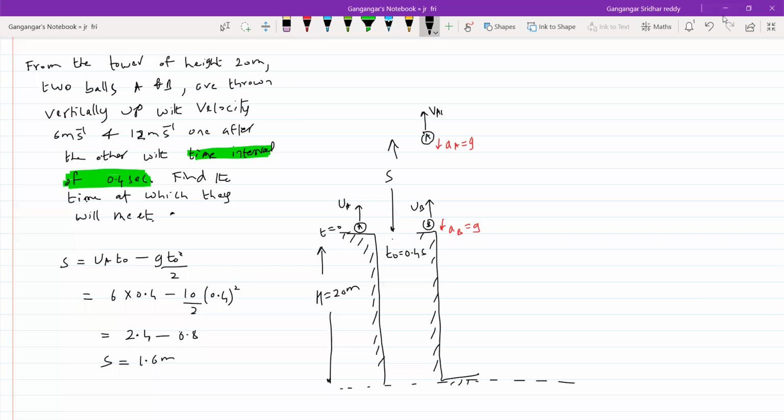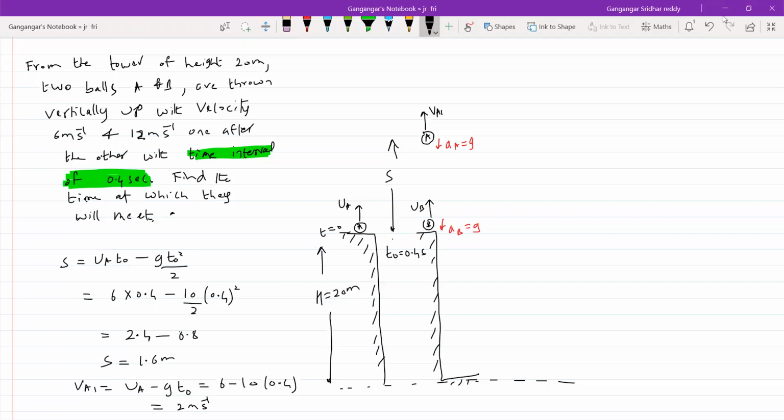VA1, how to calculate VA1? UA minus G T naught. UA is 6, 10 into 0.4. 6 minus 4. This will be 2 meters per second. So you know VA1, you know UB.